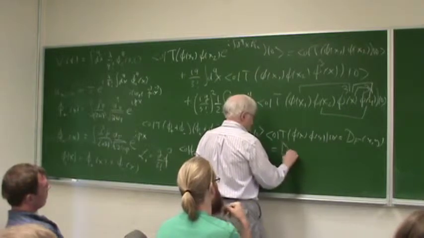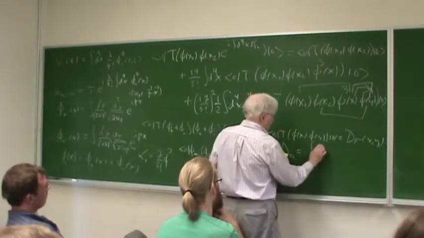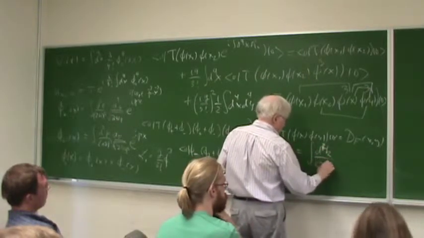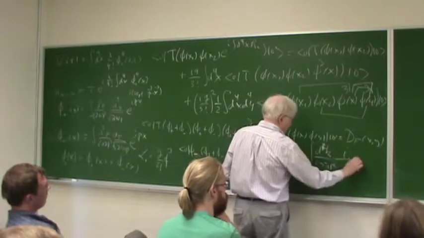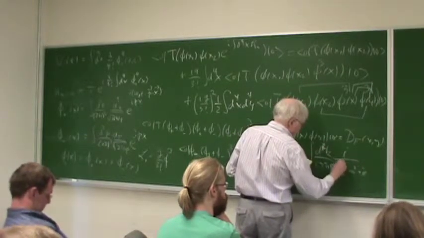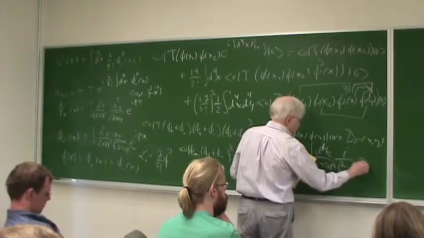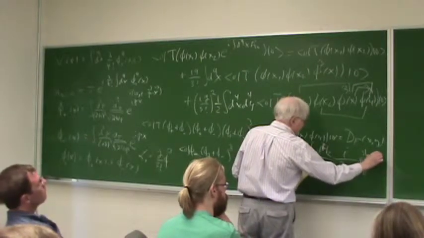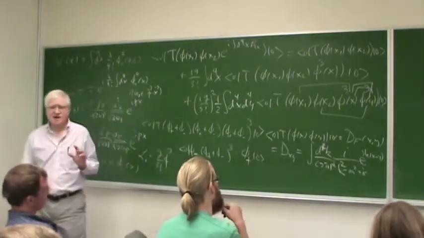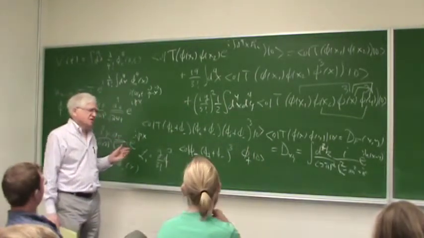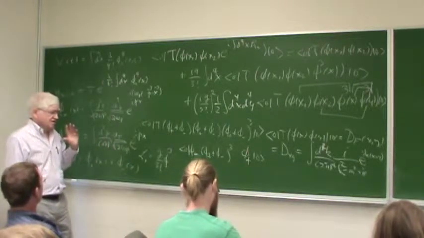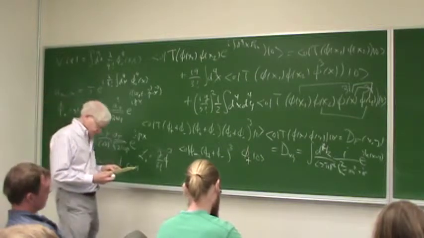Schwartz writes this as D(x,y), and numerically it's the integral d^4k over (2 pi)^4, i over k squared minus m squared plus i epsilon, and then a phase factor e^{ik(x-y)}. By the way, that k(x-y) is the action to have the particle going from x to y.